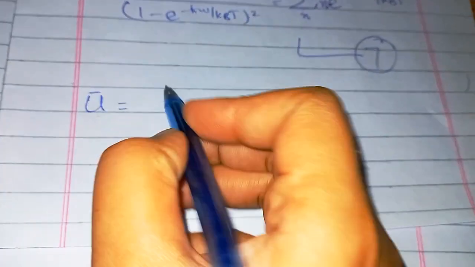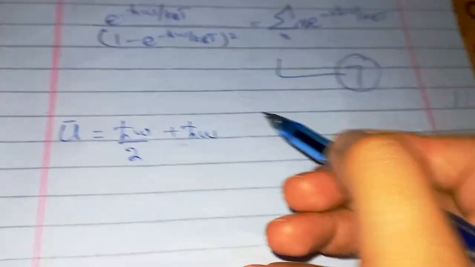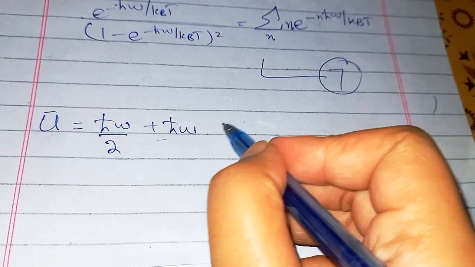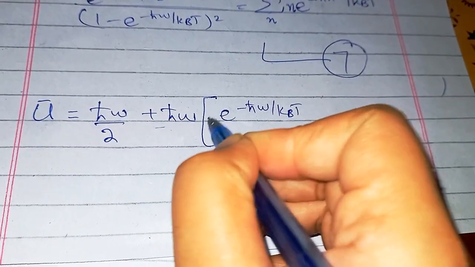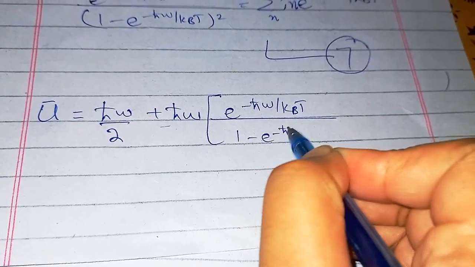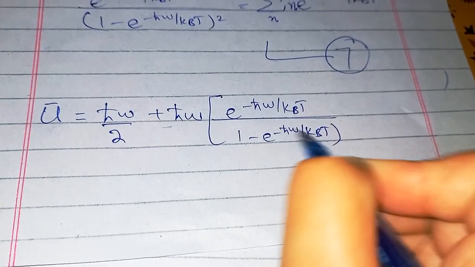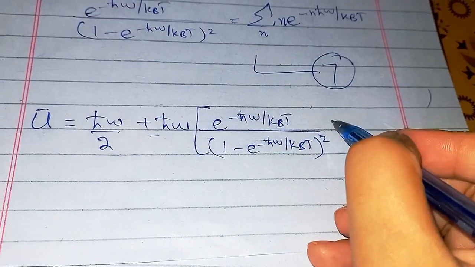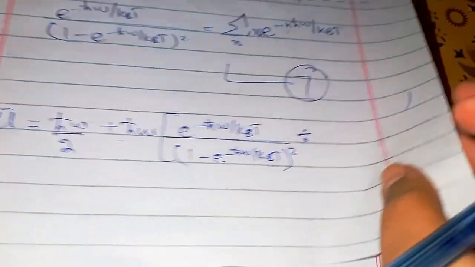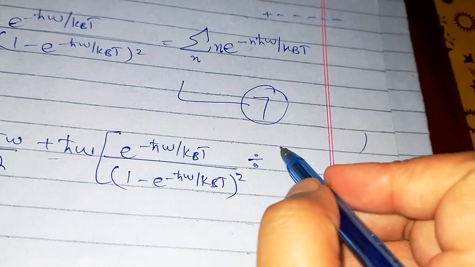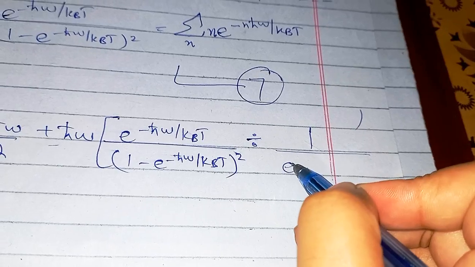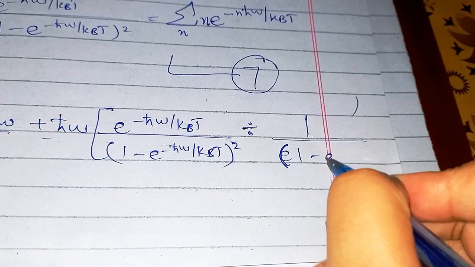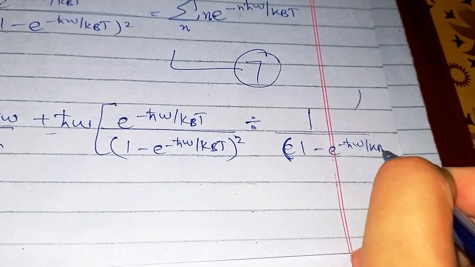U bar equals h cut omega by 2 plus h cut omega. In the numerator we'll write this term, it's e to the power minus h cut omega by kBT divided by 1 minus e to the power minus h cut omega by kBT whole square, and divided by, I'm using the division sign, we have this term and we write its summation, it's 1 minus e to the power minus h cut omega by kBT.